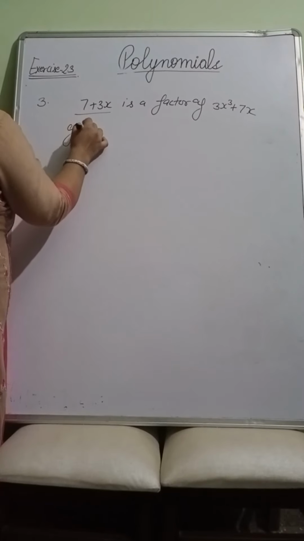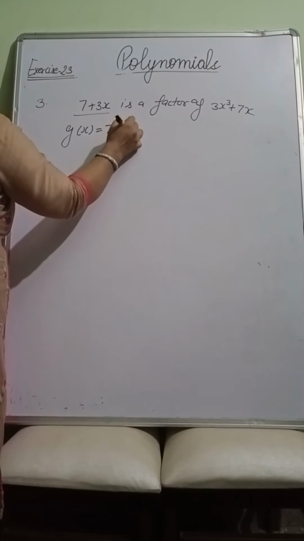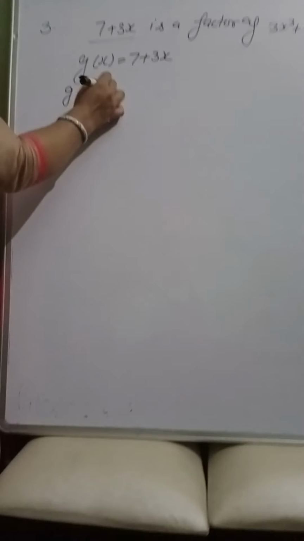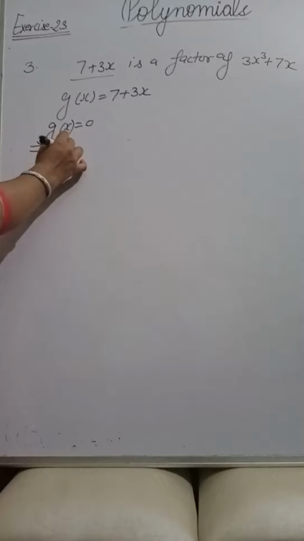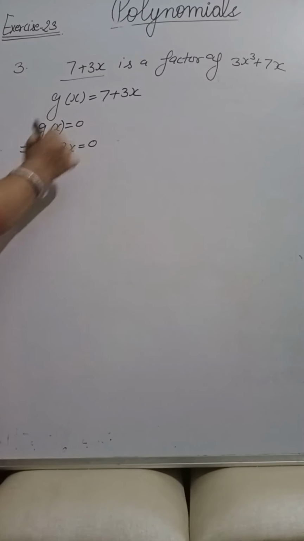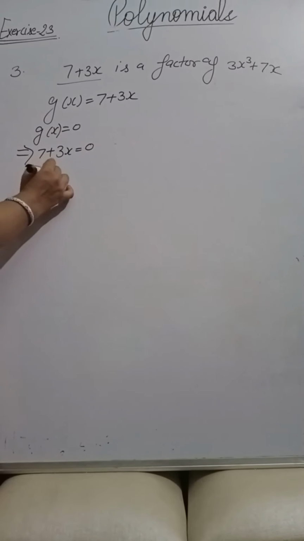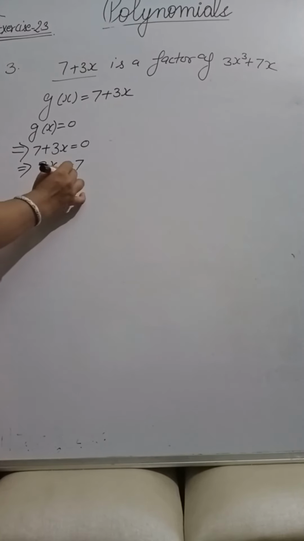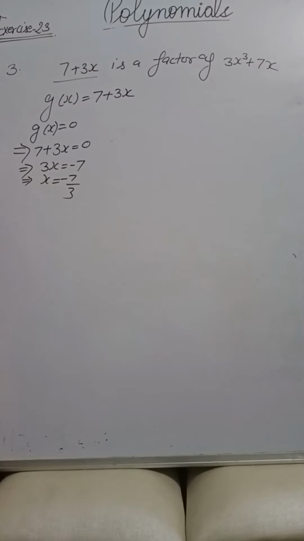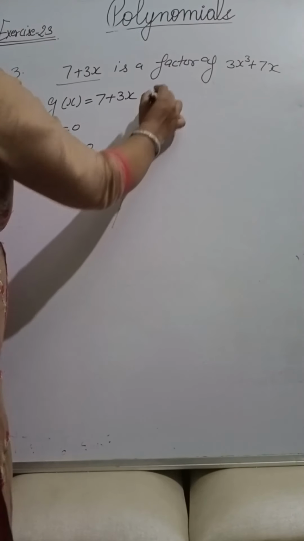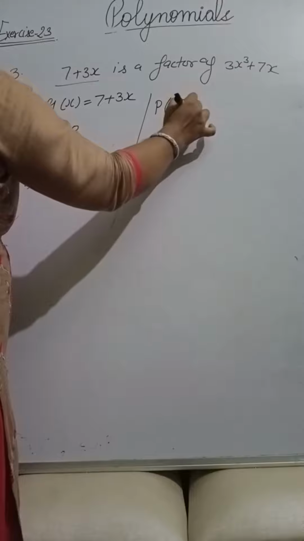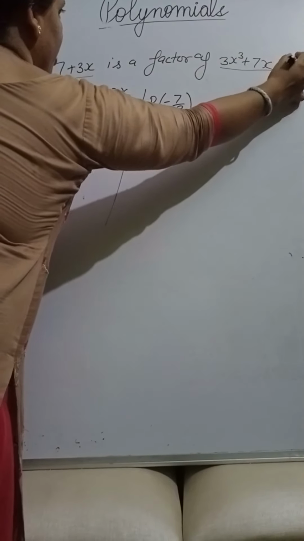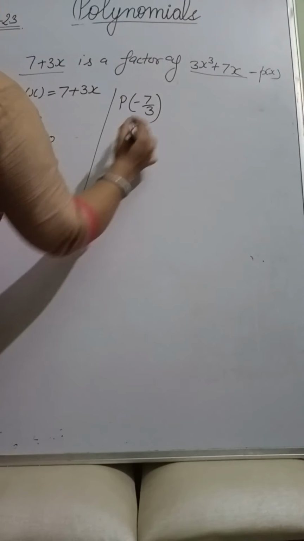This is gx, that is 7 plus 3x, and keep this gx equal to 0. This implies 7 plus 3x equals 0, and you are getting 3x equals minus 7, x equals minus 7 upon 3. So you will find p of minus 7 upon 3. Take this polynomial as px.